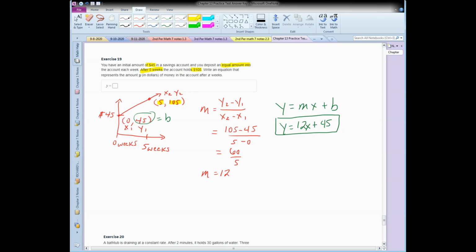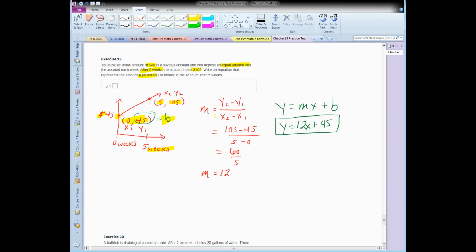Write an equation that represents the amount y, which is dollars, of money in the account after x weeks. Well, what do I know? I know that I have a starting point, an initial amount. So at 0 weeks, I have $45. So that gives me a coordinate, and it is the y-intercept.